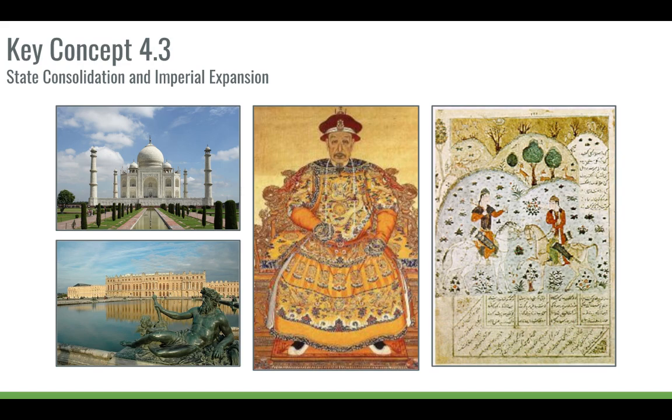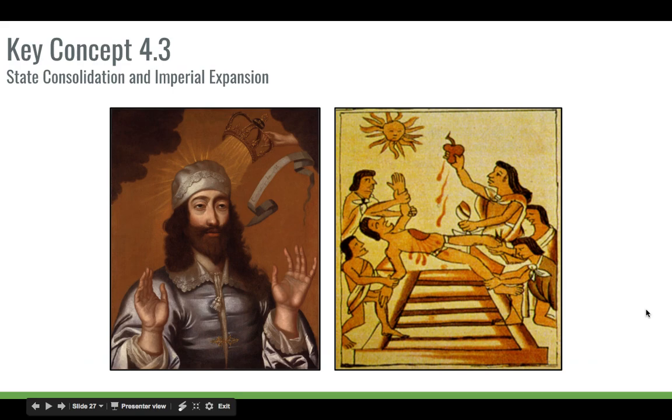We have other examples, for example, Russia and the palaces of St. Petersburg, as another example of European monarchs trying to consolidate power and keep an eye on others. But this was seen a great deal through this monumental architecture.